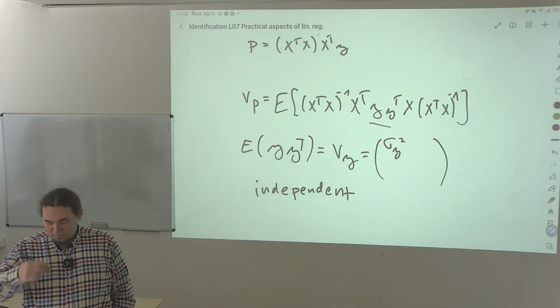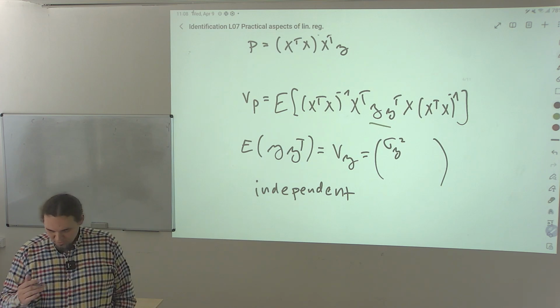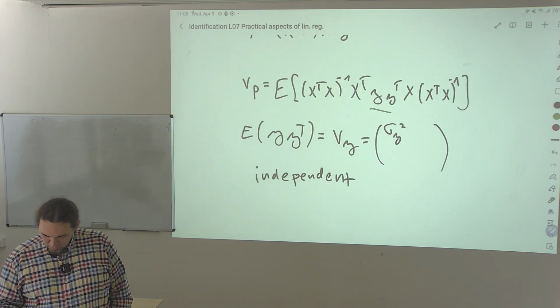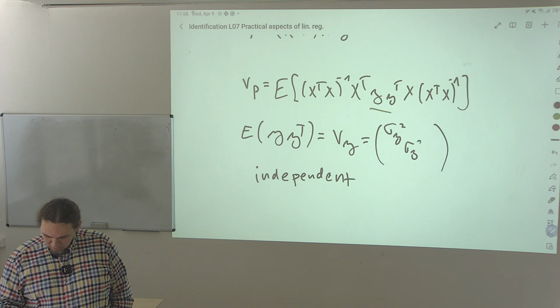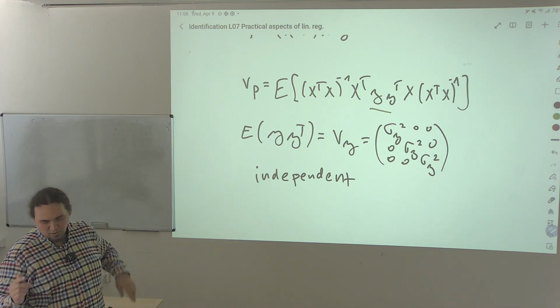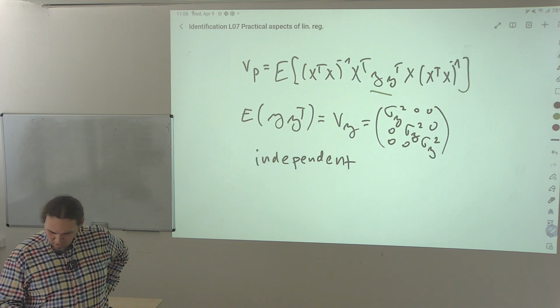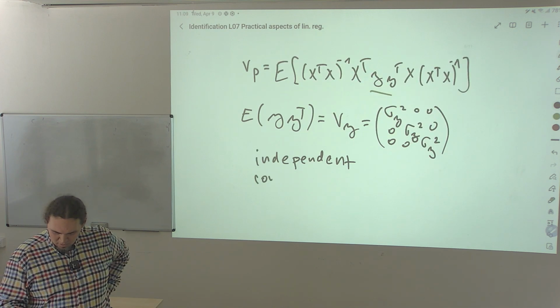And if this measurement noise is consistent, constant, then our matrix would look just like this. Of course, it can be much bigger based on the number of data. Independent constant noise.